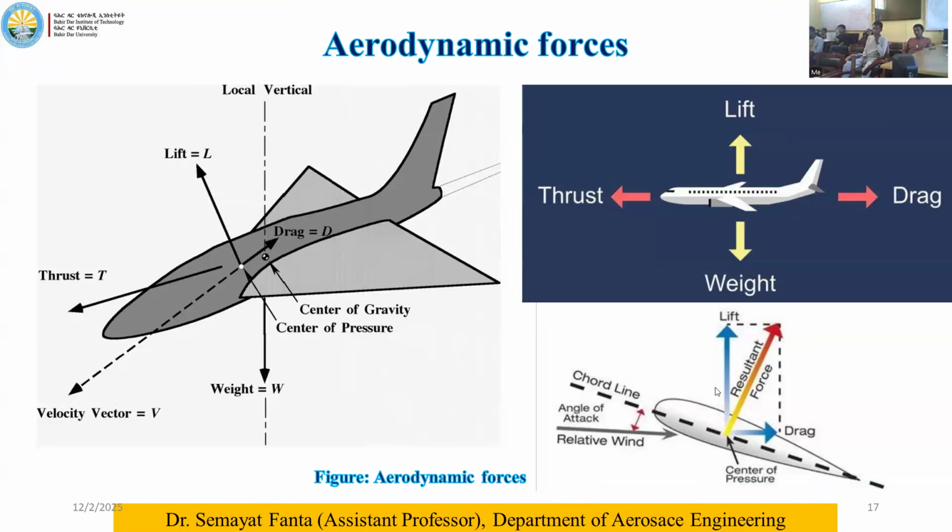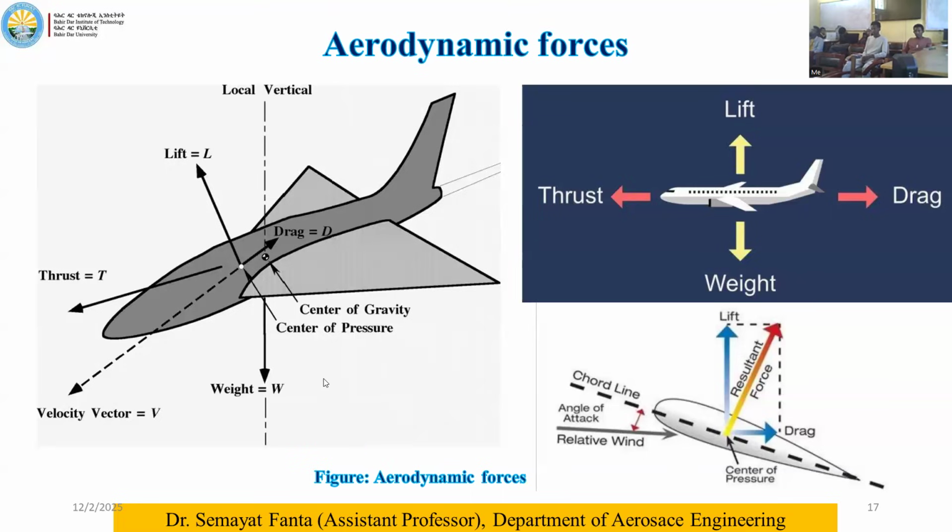Another important term is the net resultant force. Lift force is vertical upward, drag is horizontal, so that we have a net resultant force. This net resultant force acts through the center of pressure. The weight acts through the center of gravity, because it is the total summation of all forces which act through the CG.